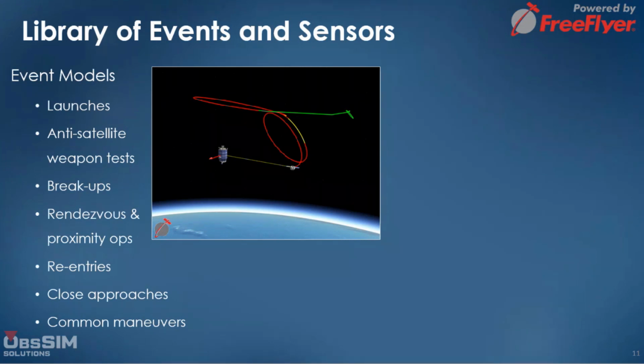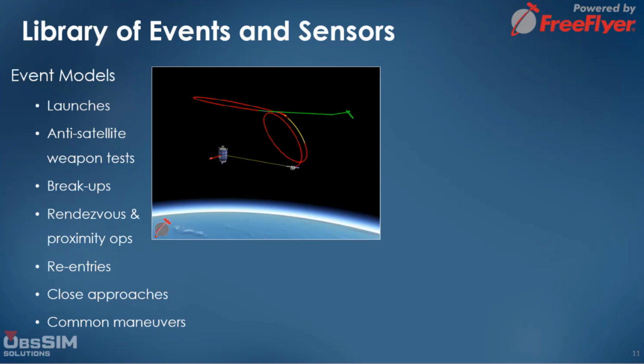Here's a list of the categories, broadly speaking. Launches, meaning normal satellite launches as well as anti-satellite weapons tests. Breakups, think collisions or explosions that occur. Rendezvous and proximity operations, which is anything that gets up close to a target spacecraft, for example a natural motion circumnavigation or a forced motion circumnavigation.